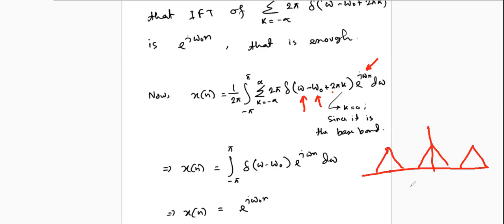There is a repetition, at 2π, at −2π, and so on. So for the baseband, you have only ω − ω0. For the first loop, you have k equals 1, that is 2π. For the second loop, you have k equals 2, and so on.